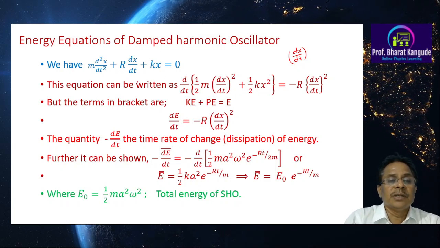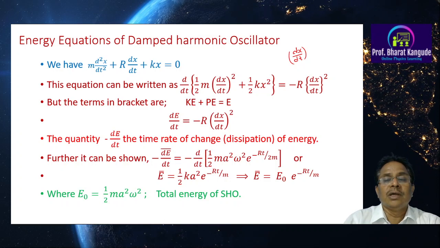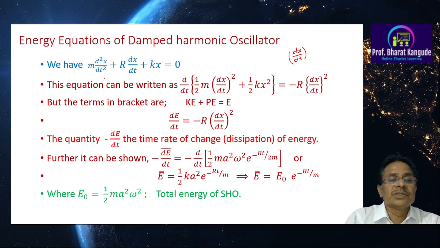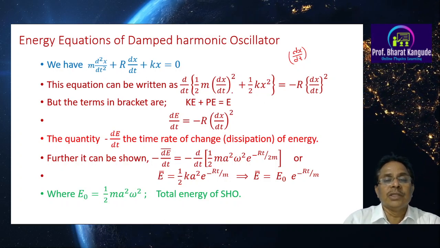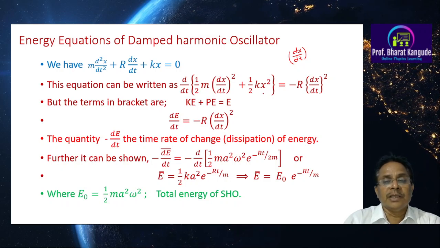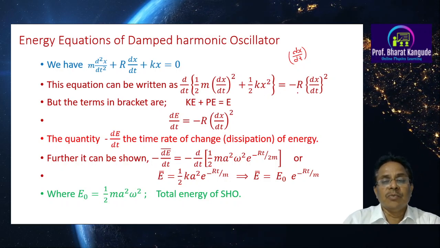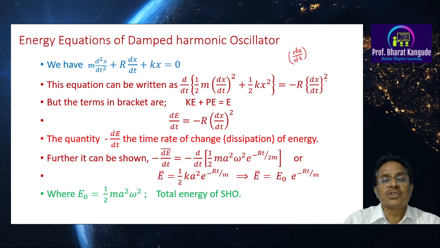The middle term is to be taken on the right hand side, and the first and third terms are to be taken together and written in the bracket. This term becomes negative: minus r into (dx upon dt) square.